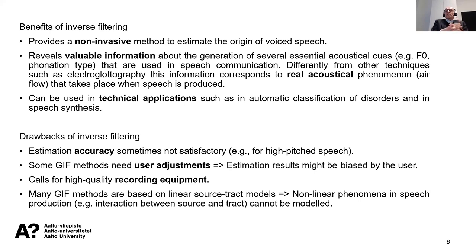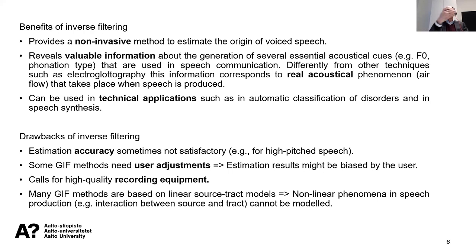In general, this technology has a few benefits and, of course, some drawbacks. And benefits are listed here in the upper part. What I would like to especially emphasize is the second one here, that inverse filtering, at least in principle, tries to estimate something which is a real phenomenon in voice production.